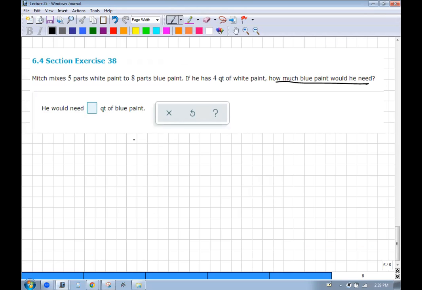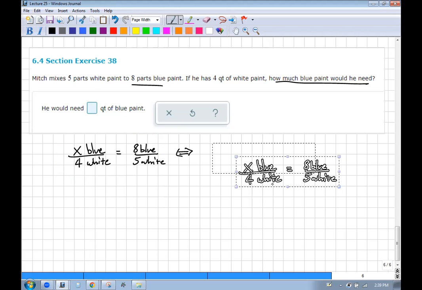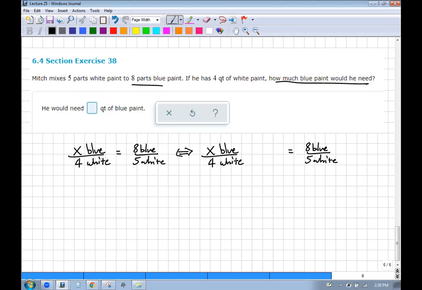So let's let X be the blue, and we have 4 of white. Okay, so here's our ratio. We're comparing blue to white, so we need 8 blue for every 5 white. So we just need to solve for X. Let's multiply to get the X. Let's get rid of this 4 white, so that goes away.